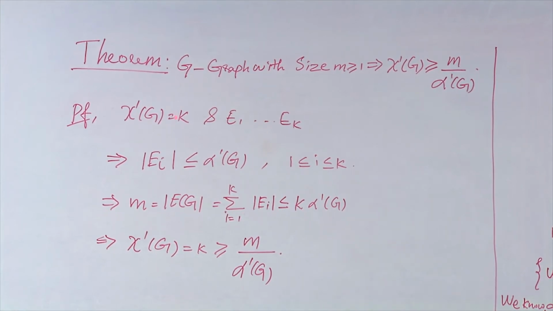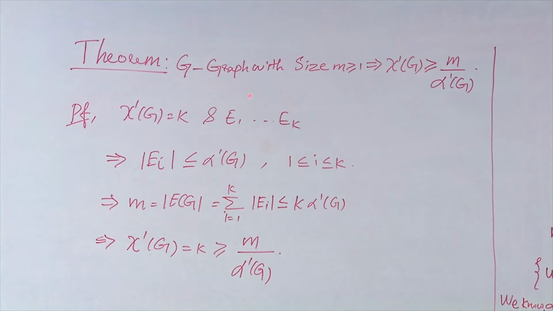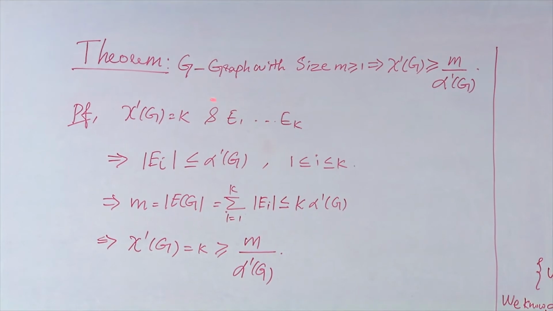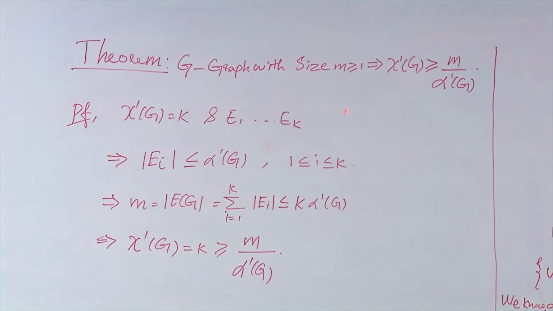Since I have used k colors, I will obviously have k color classes E1, E2, etc., Ek. By color classes we mean E1 is a set that consists of all the edges colored with the first color, and similarly E2 is a set of all edges colored with the second color, and Ek is a set of all edges colored with the kth color.